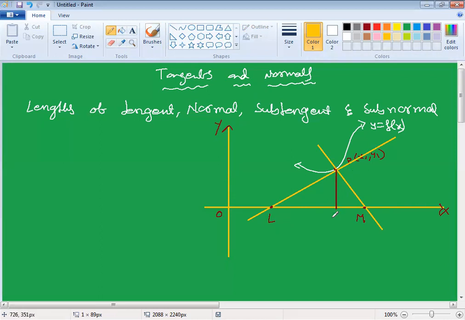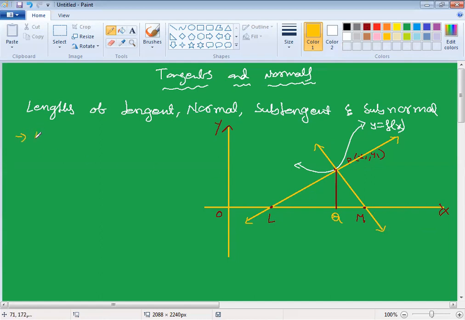I am naming the foot of it Q. Now this is the tangent and this is the normal.